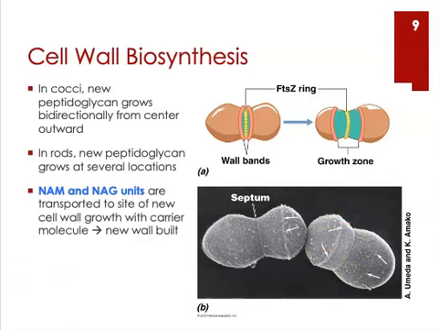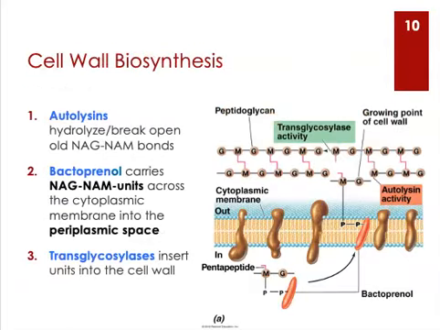It really is an amazing process, and it involves several different protein molecules and a molecule called a carrier molecule to help get the new cell wall built. So let's take a look at these key molecules that allow for new cell wall synthesis to occur.